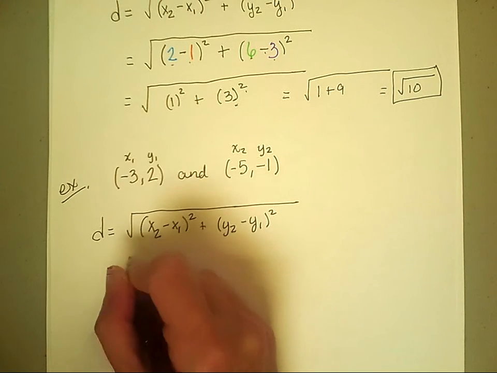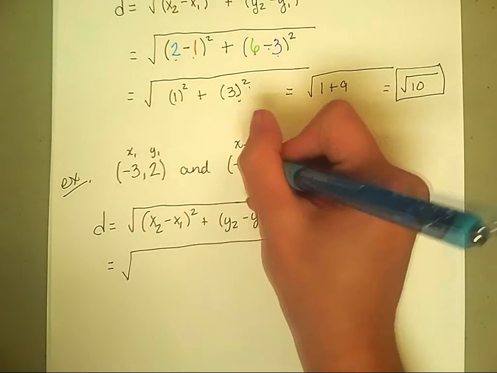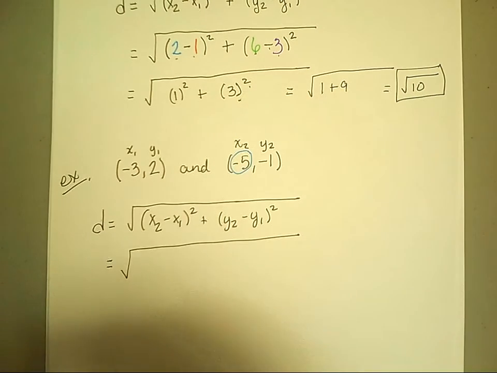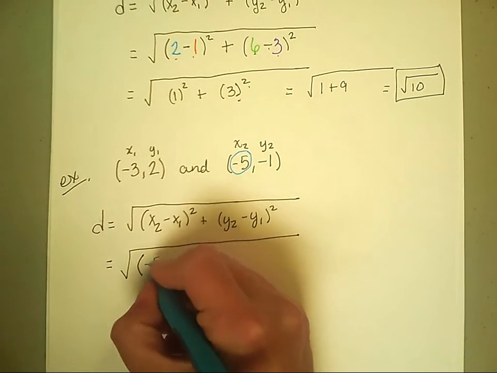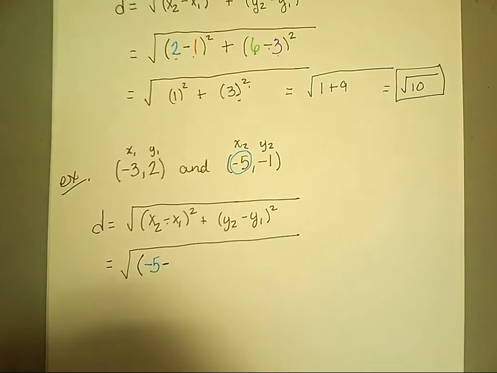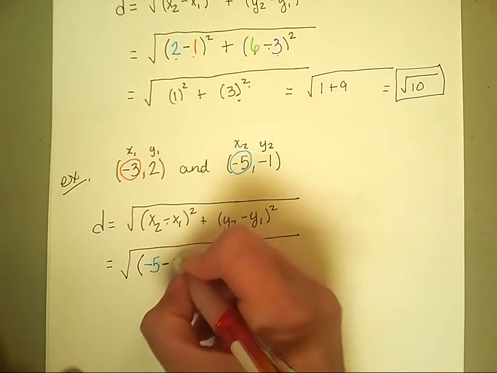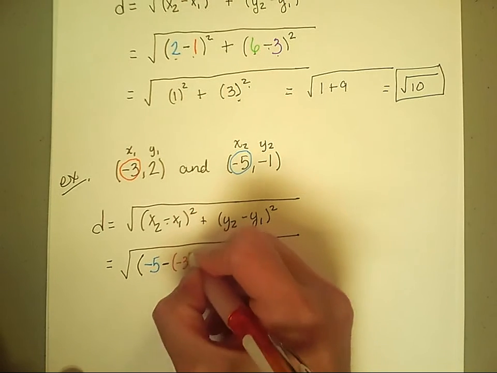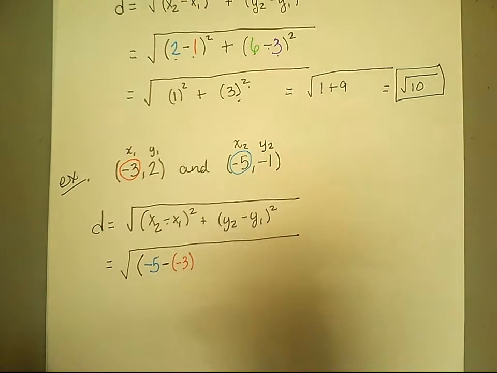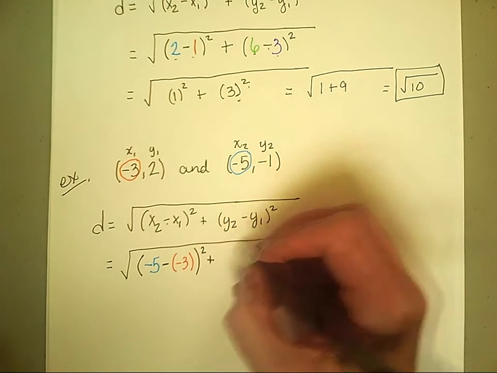And now we can just fill it in. x2 in this case is -5, so remember the parentheses, and then I put in a -5. Now I'm going to subtract from the formula x1, and x1 is -3, so I have to put it in parentheses. Then close the parentheses and square it.